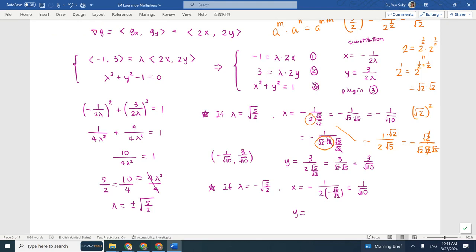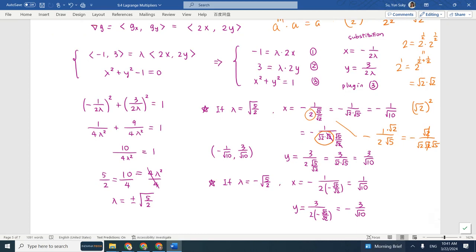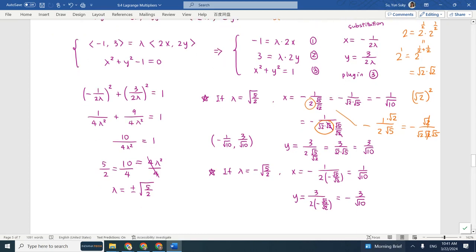Okay. How about y? Do you see the difference is now we have a negative in front? So everything we say, we will have a minus sign in front of the 3 over root 10. My calculator's not smart enough. It just keeps telling me to sit back there. So the other point is we just change the minus sign.